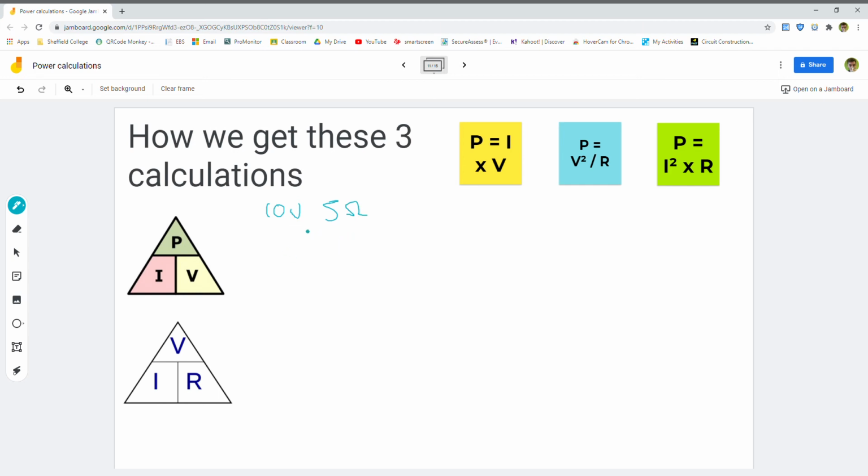Now, because we are trying to work out power, and we know that power is current times voltage, now we've got a voltage there, which we can use for this, but we don't have a current, we've just got a resistance. But if we go into Ohm's law, we know that current is voltage over resistance. So we know that current equals V divided by R.